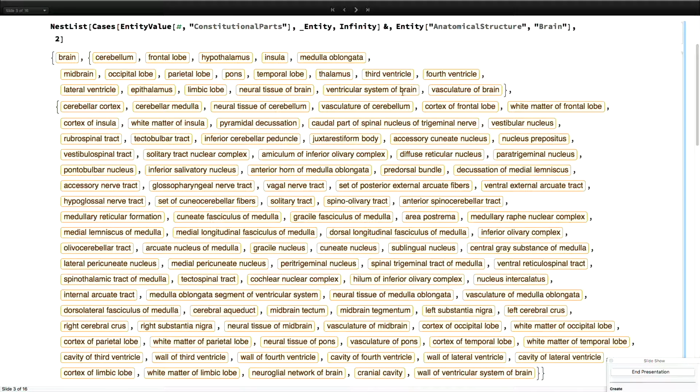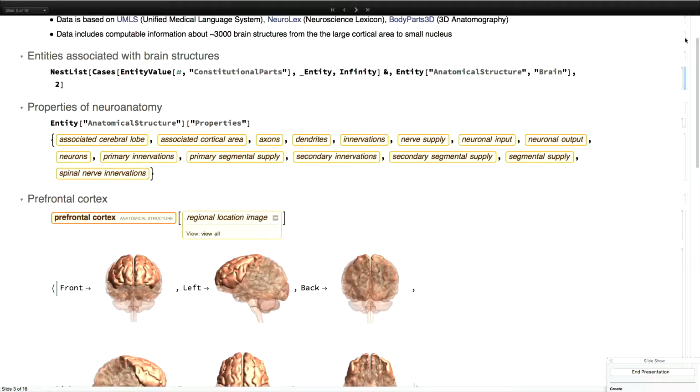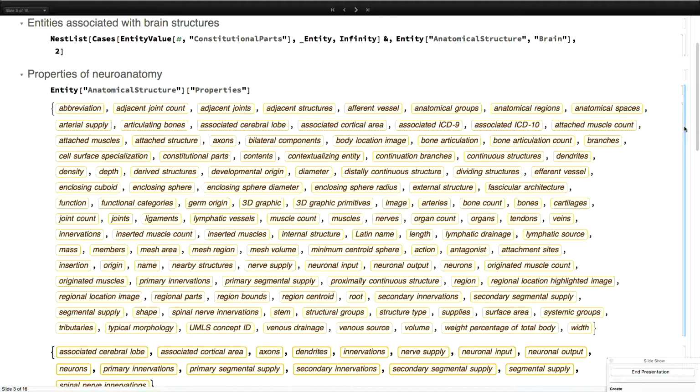We have over 3,000 entities to describe brain structures, ranging from large cortical areas to smaller nuclei that constitute the larger parts of the brain. And we now have over 120 properties to describe or access more information about individual structures.